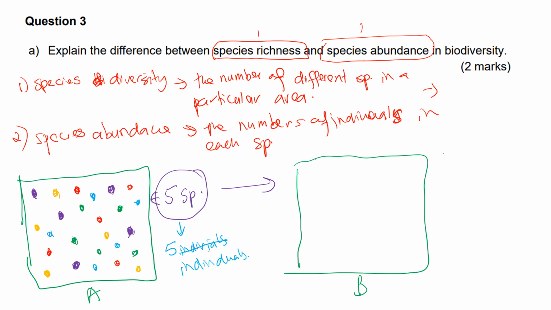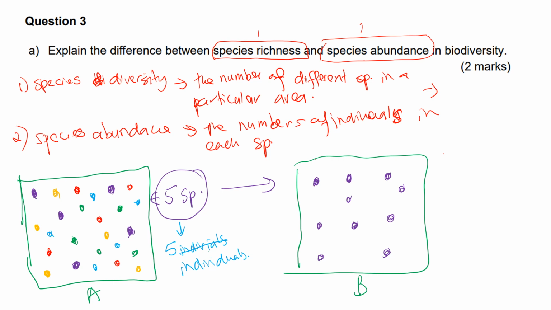But as for habitat B, habitat B will also have 5 species, but for the purple species there are 10 individuals. Okay, 10 individuals of species purple.